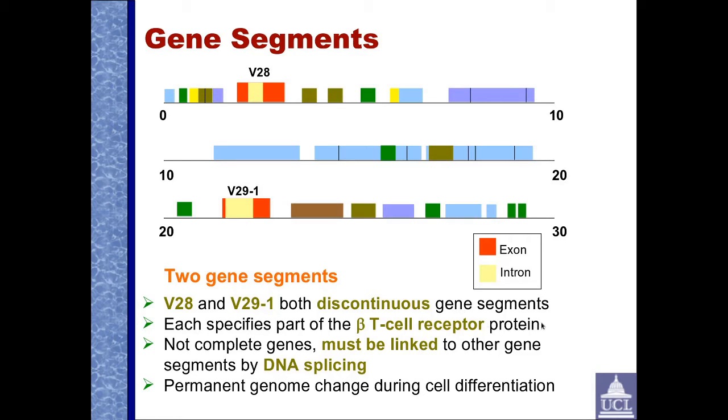So these are not complete genes. They must be linked to other gene segments by DNA splicing. So remember, this is DNA splicing, splicing that occurs at the DNA level, not messenger RNA splicing. So this results in a permanent genome change during cell differentiation.